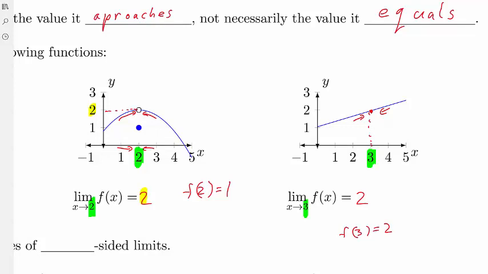So the takeaway here is that the limit and the function evaluated at that point are not necessarily the same, but they're not necessarily different either. They're just 2 very different questions, and oftentimes they will have the exact same answer, oftentimes they will not. Okay.